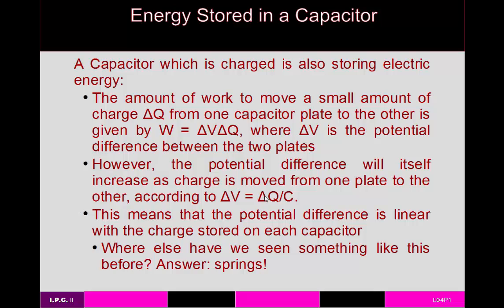So if I remove a delta Q, then I will have lowered the potential difference by delta Q over C. So that means that as we're removing charge from one place to the next, we're also losing not only charge but also potential difference. And we have seen something similar before in talking about work done by a spring.